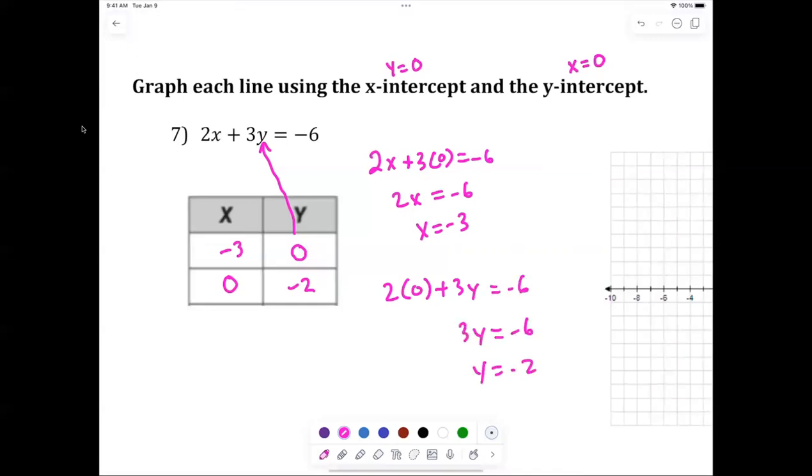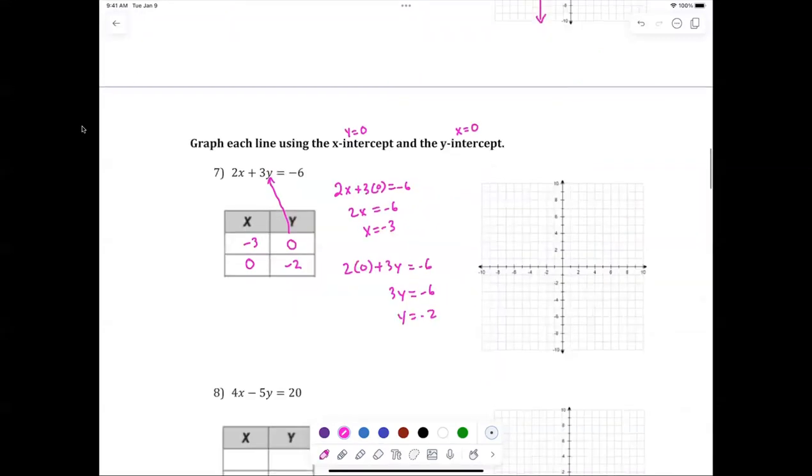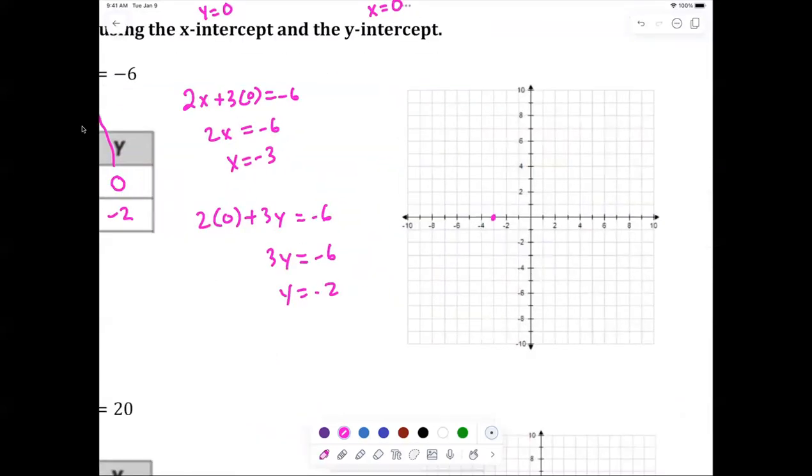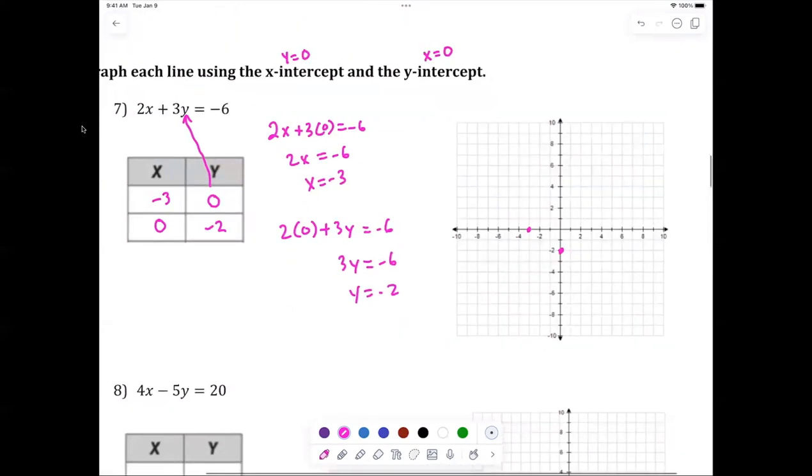Y equals -2. Makes sense now, right? So now we plot those points: -3, 0 and 0, -2. And we graph that line. And we call that graphing by using the intercepts.